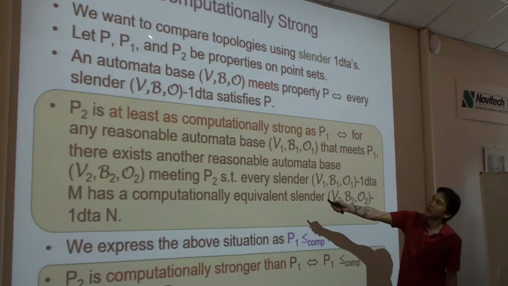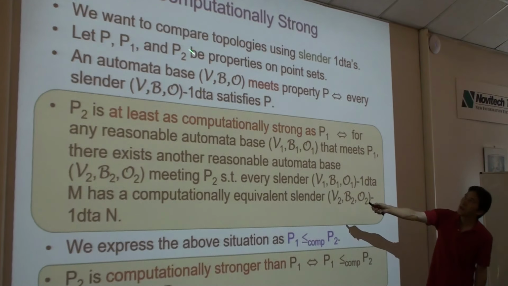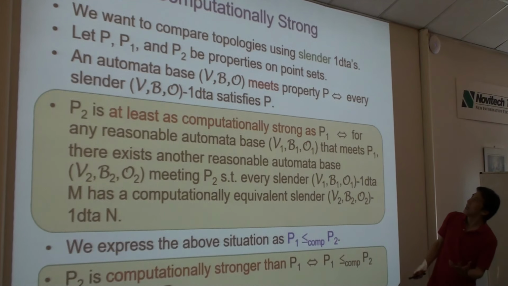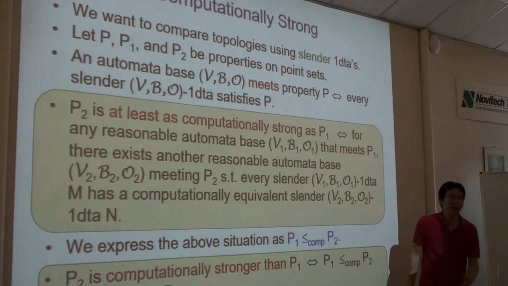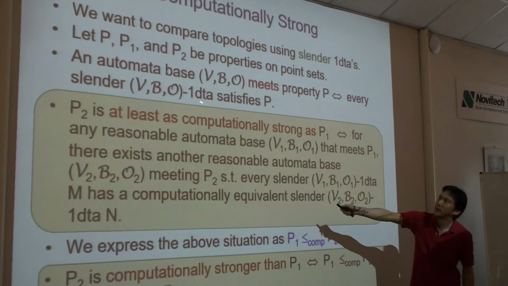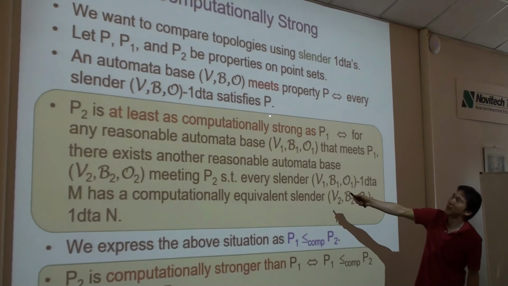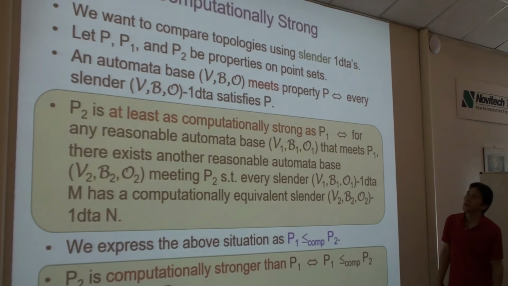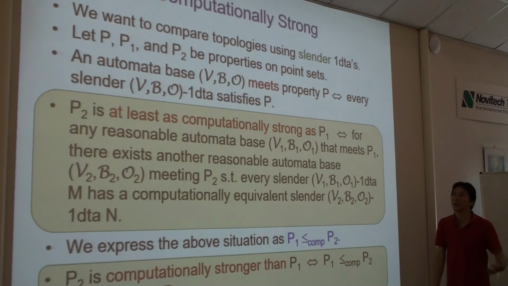A fixed automata base is a triplet. We say that this triplet meets property P if and only if every slender one DTA, since we restrict our interest only to DTA, satisfies P. So we don't care about non-slender one DTA, only the slender one DTA.